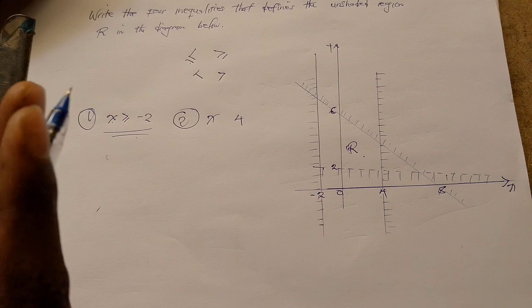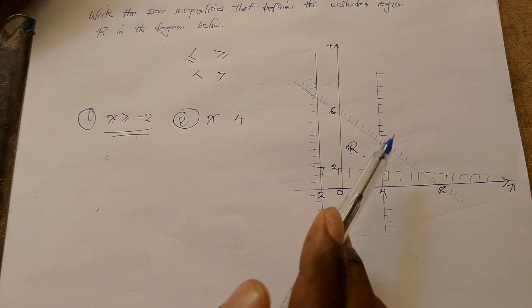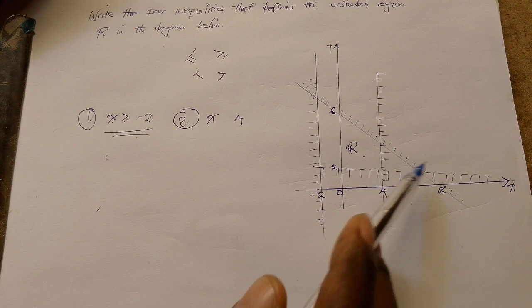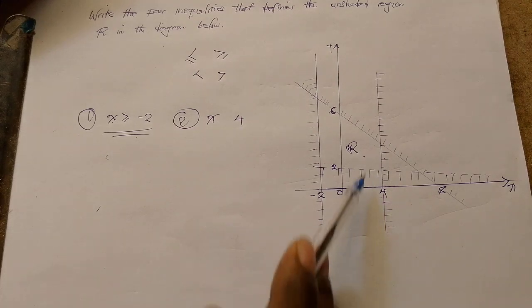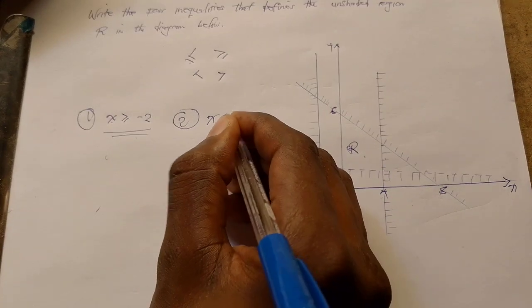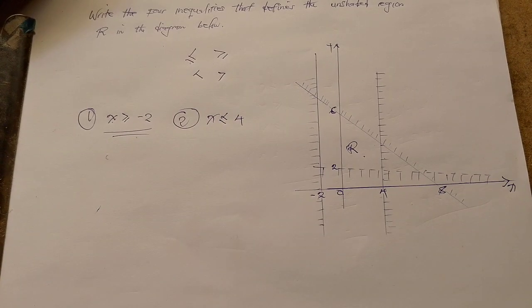This is the opposite of the previous one. When we shade this area, we are shading the greater part, so the unshaded region is on the lesser part. The line is solid, so it will be less than or equal to. That is the answer. So this is 1 mark as well.